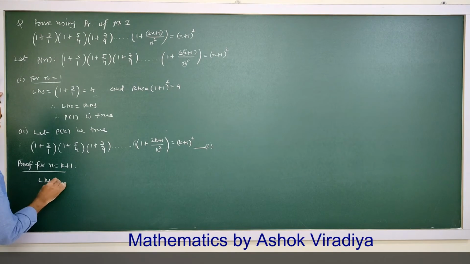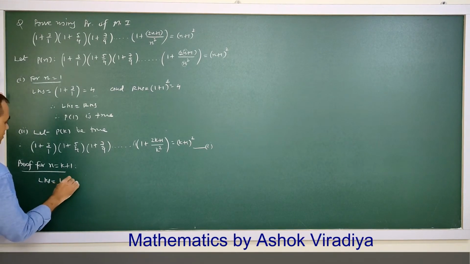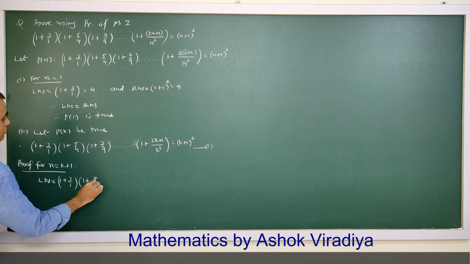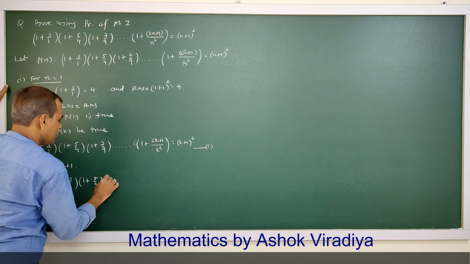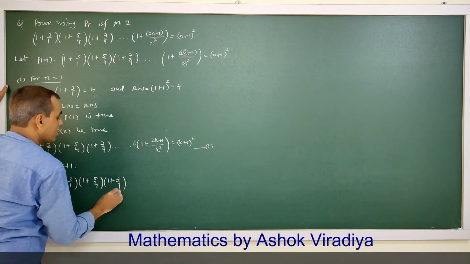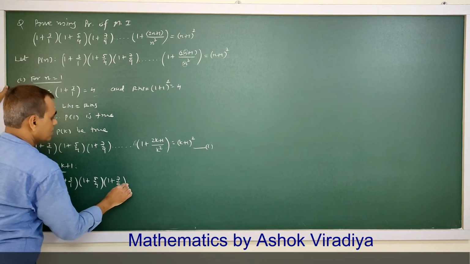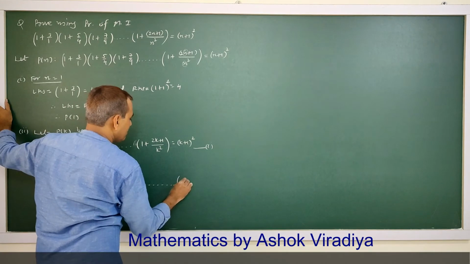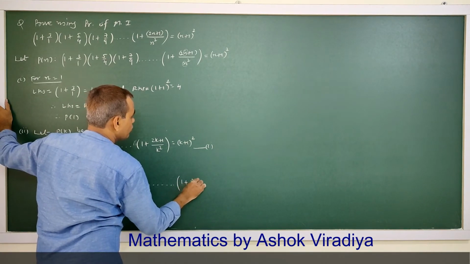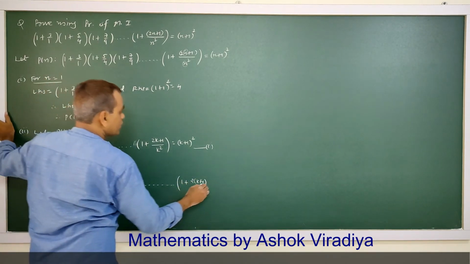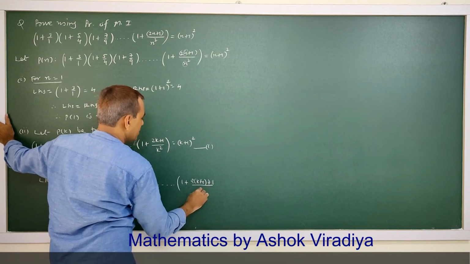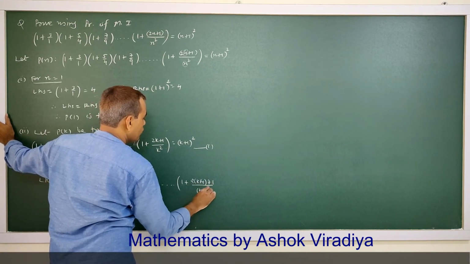So LHS is 1 plus 3 upon 1, 1 plus 5 upon 4, 1 plus 7 upon 9 up to 1 plus 2 into k plus 1 upon k plus 1 whole square.